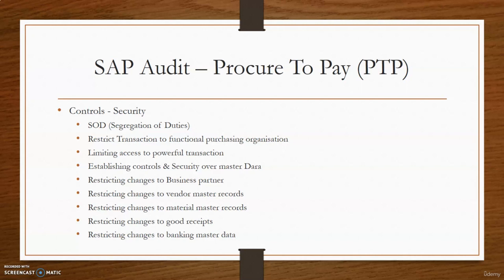The next is to restrict transactions to the first functional purchasing organization. Within many organizations, the purchasing function can be highly complex, with regulations that must be adhered to by specific geography. Purchasing teams may be organized by product, vendor industry, or by geographical region.